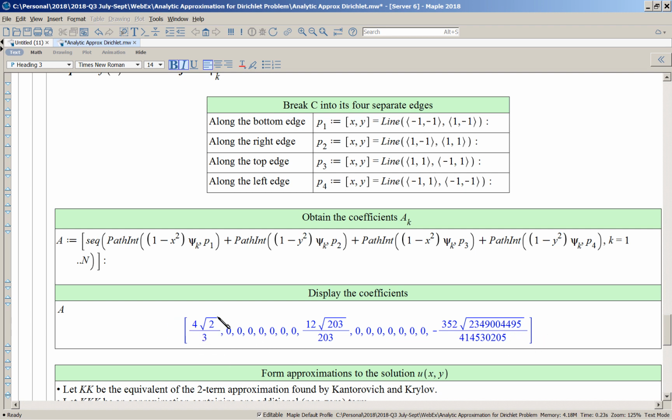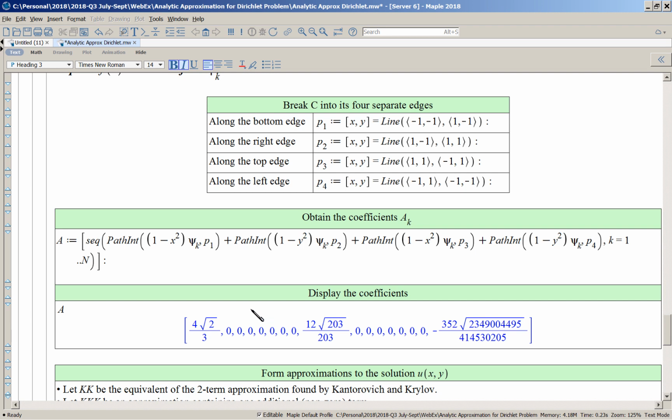What do I have? 3 non-zero terms. Now these zeros in the middle, Kantorovich and Krylov got rid of early on in their discussion by recognizing that there's a lot of symmetry in this problem, and they use that symmetry to rule out a whole bunch of these psi functions before they ever got started.